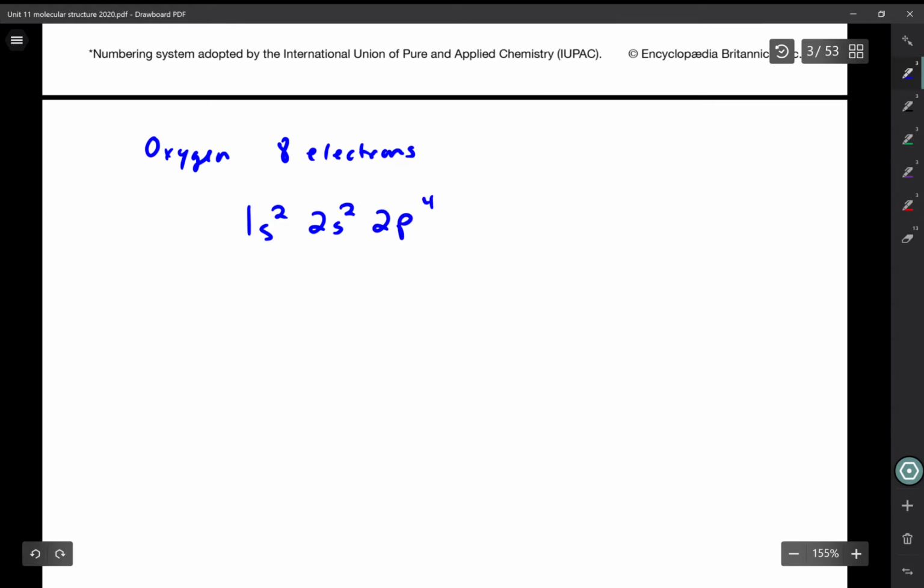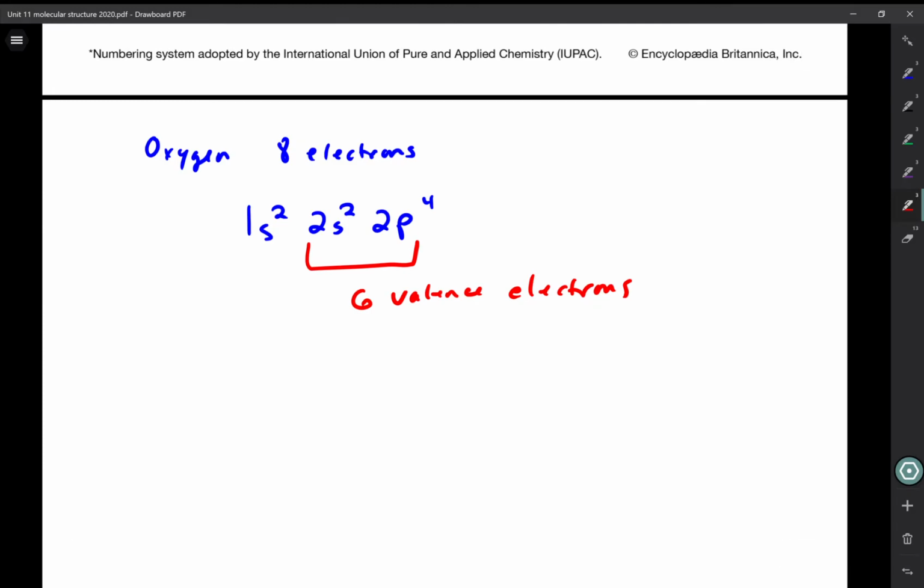So the valence electrons are the electrons in the highest energy level in the s and p sublevels. That means oxygen has 6 valence electrons. All right. Sound good?